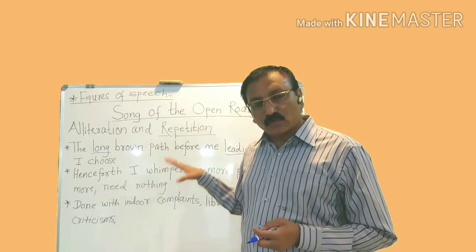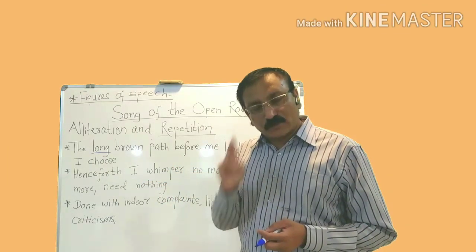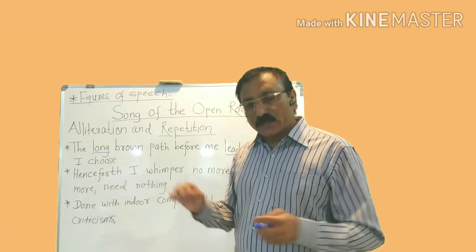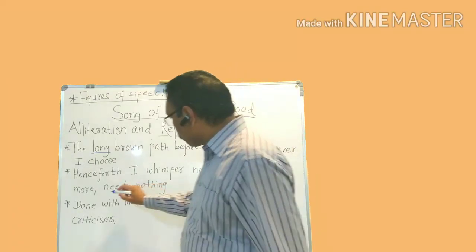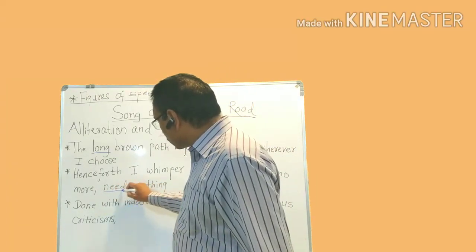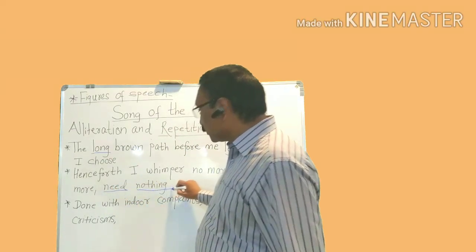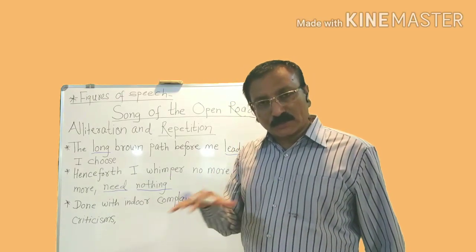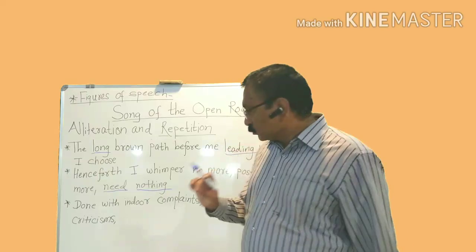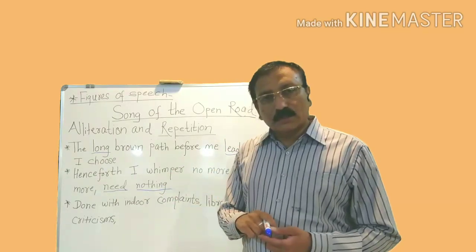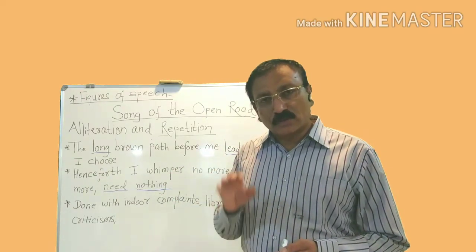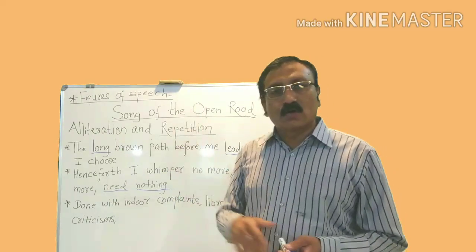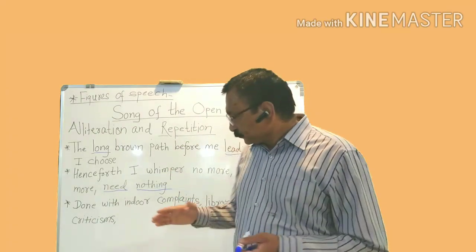So in this line also we have two words which begin with the same consonant sound, N. Look at the words need and nothing. The word need begins with the sound N. The word nothing also begins with the sound N, and therefore it is also an example of alliteration.